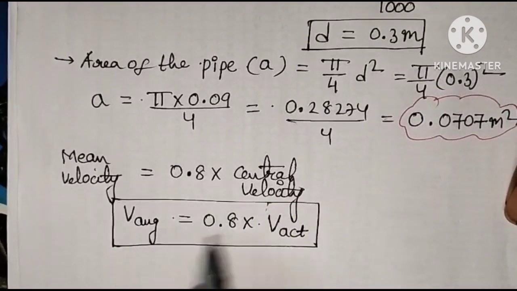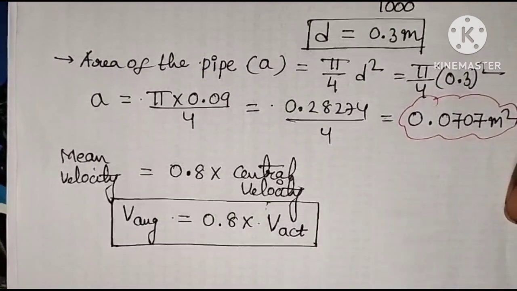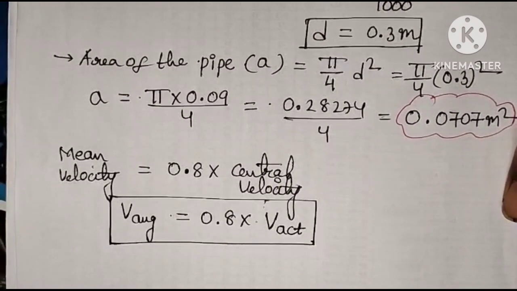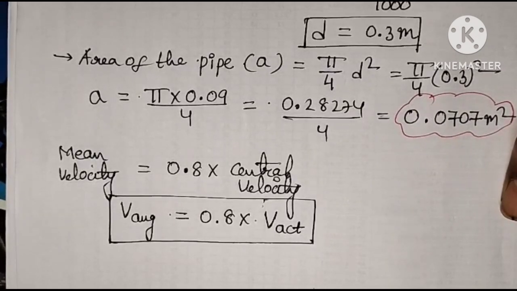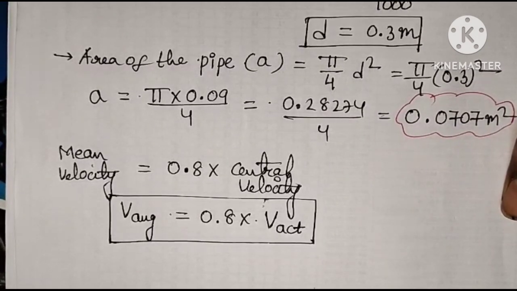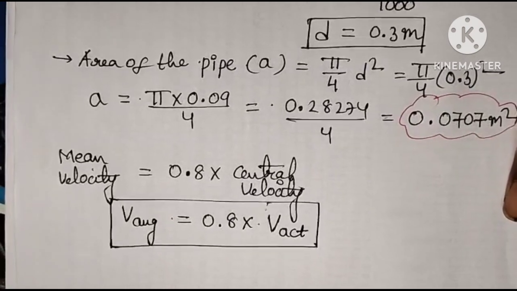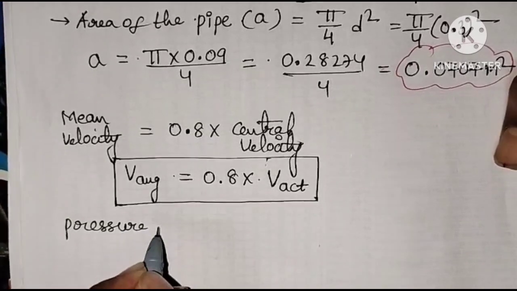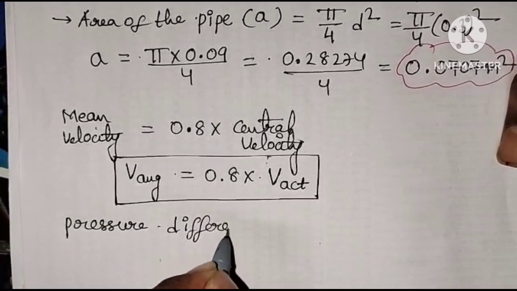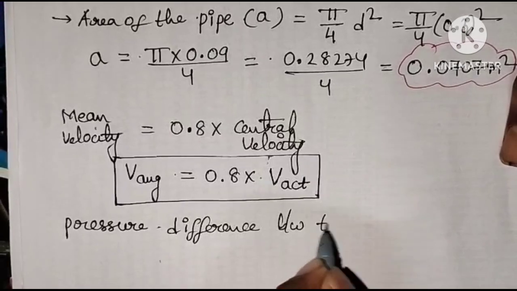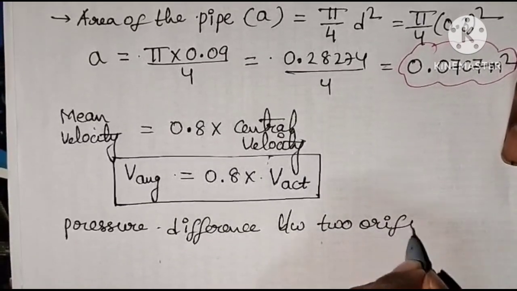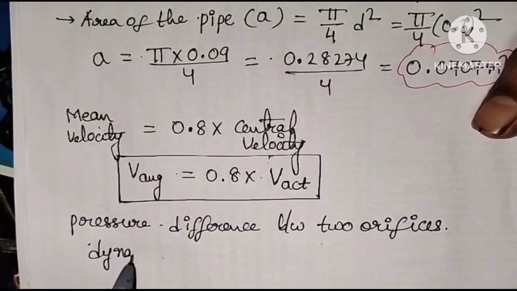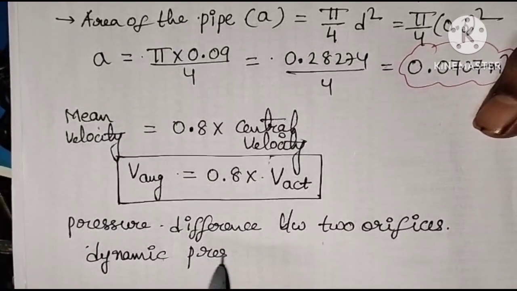Now we need the actual velocity here. Before that, it is given that the pressure difference between the two orifices is 60 mm of water. The pressure difference between the two orifices is nothing but the dynamic pressure head.